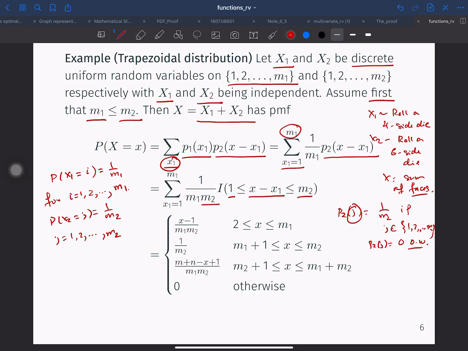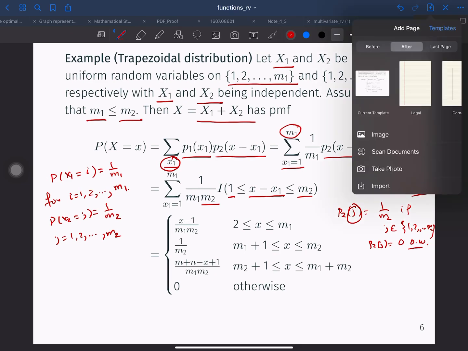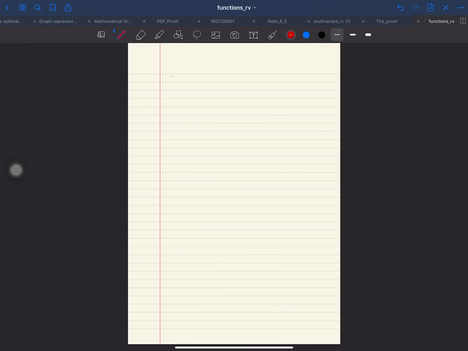So let's see an example. Let's go back to maybe a simpler example first. Suppose I let m1 be equal to 3 and m2 equal to 4. Now x equal to x1 plus x2 could take the values 2, 3, 4, 5, 6, and 7.